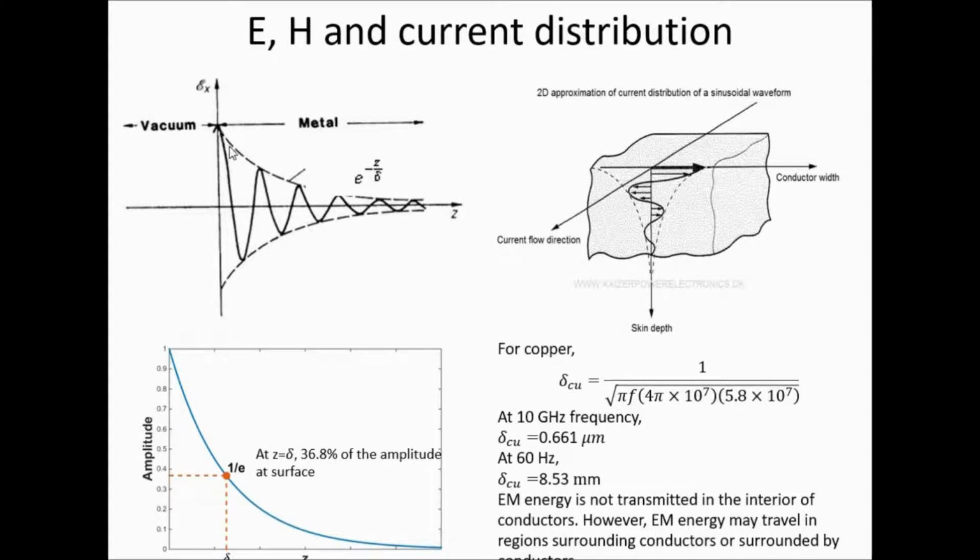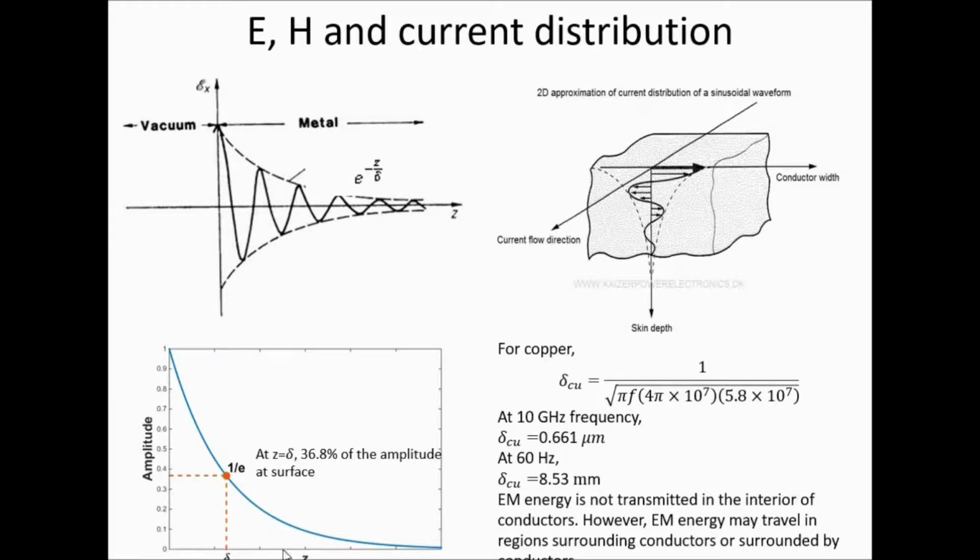If you draw a graph showing the maximum points of these waves, the envelope of this graph is an exponentially decaying graph, e to the negative z over delta, where delta is the skin depth.